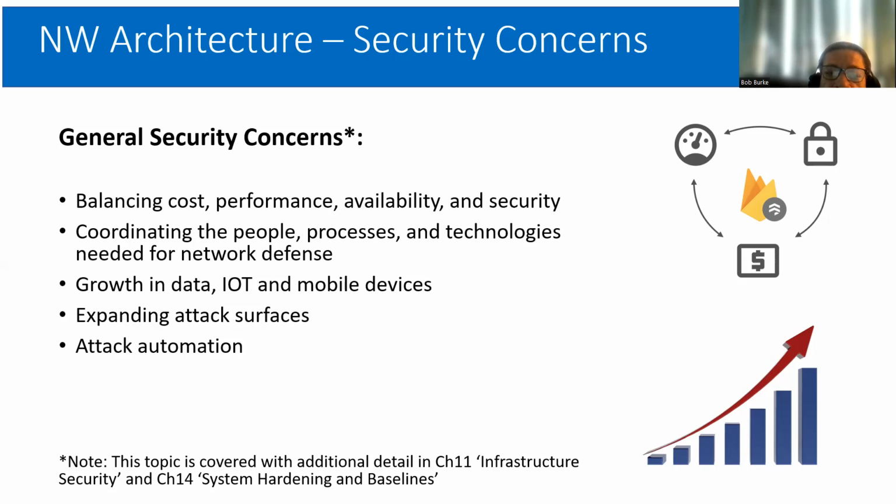And then the other comments you can look at here are basically everything's growing in this space. The number of devices, the amount of data, especially the amount of mobile devices, and that is adding complexity. It's putting demand on the network and it's increasing the attack surface. It's increasing the exposures that a network can present. So we have an expanding attack surface.